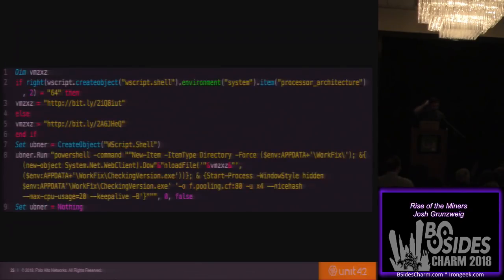Looking at that VBS file, we see it's a little bit more fancy. They're actually looking at what the processor is on the victim, whether it's 32-bit or 64-bit, and they've got two bit.ly links. Bit.ly is a URL shortener. I'm sure most people are familiar with it. It's a totally legitimate service.